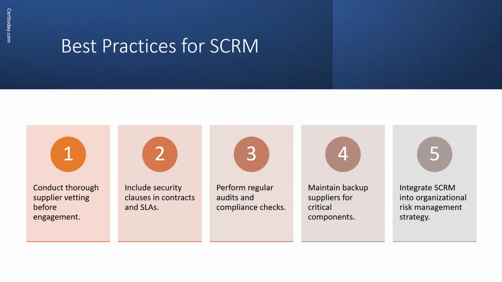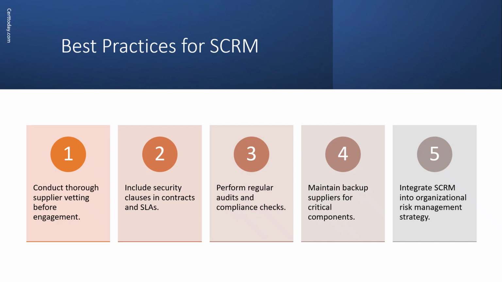Organizations should also include security clauses in contracts and service level agreements, or SLAs, to clearly define expectations for data protection, incident reporting, and response times. Regularly performing audits and compliance checks ensures that suppliers consistently meet contractual and security requirements throughout the relationship.